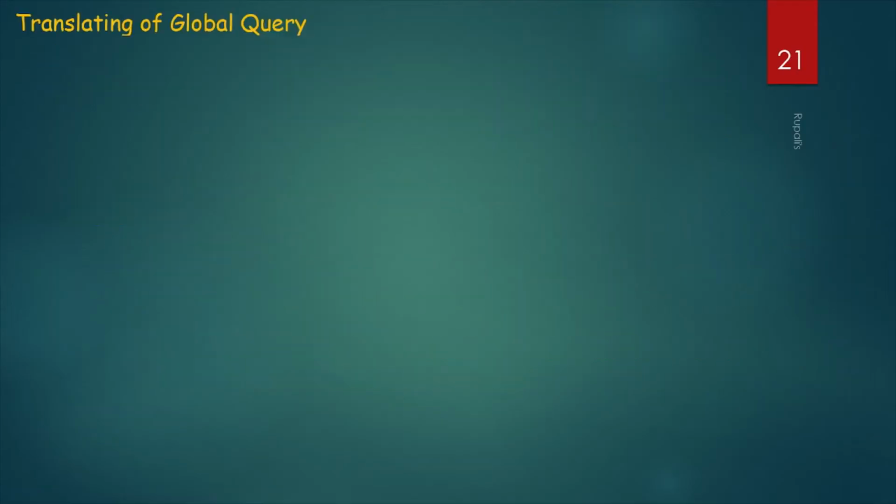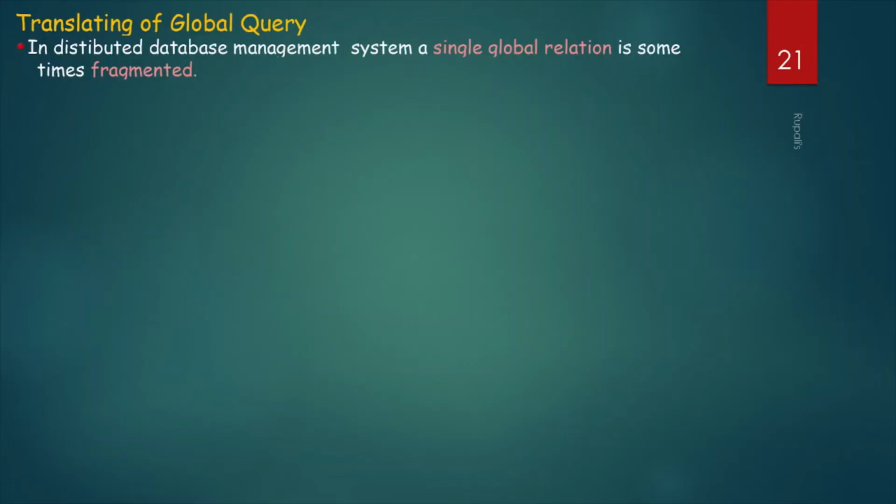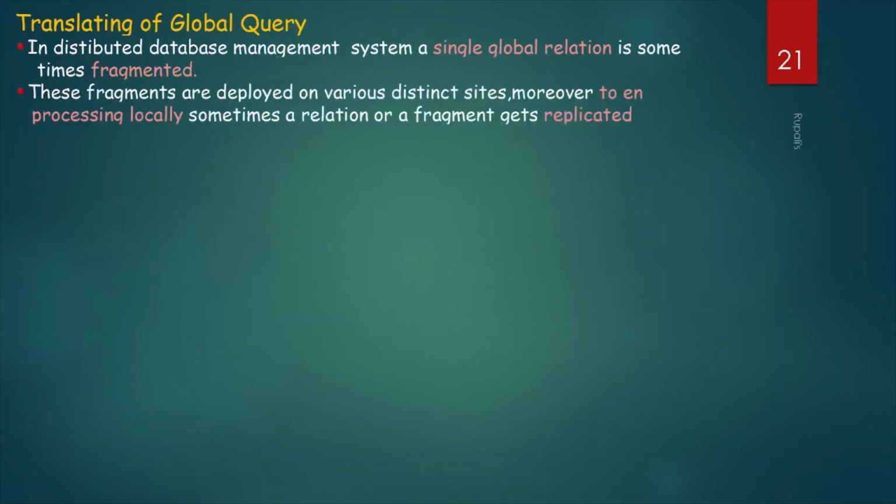So how is translating a global query done? In a distributed database, a single global relation is sometimes fragmented. So there is one total relation, the global relation, and it is fragmented and distributed in different sites. These fragments are deployed on distinct sites, and moreover, to ensure local processing, sometimes a relation or a fragment gets replicated.